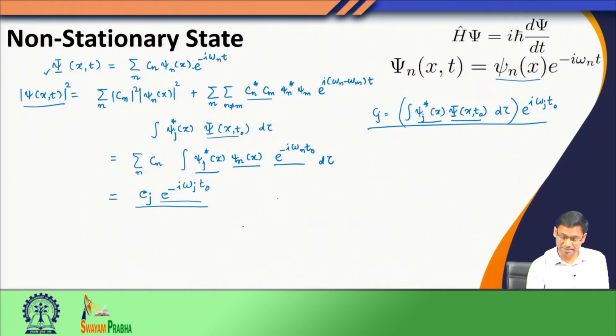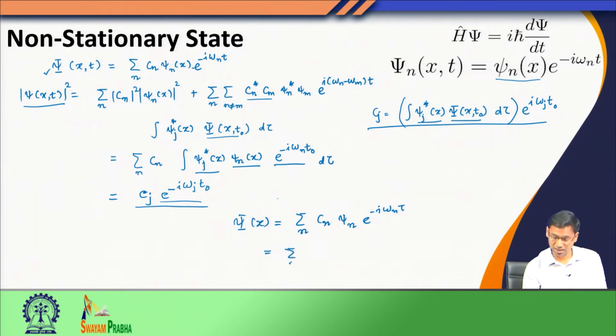And once I have this C j, then psi of x, t can be expressed as C n over this term multiplied by, when I use this term over here, you would see I will have C n, which will have this term over here, e to the power i omega j.